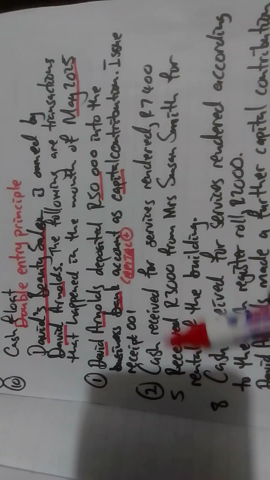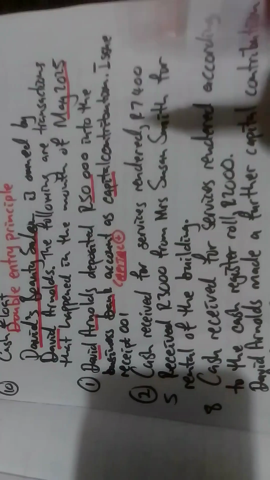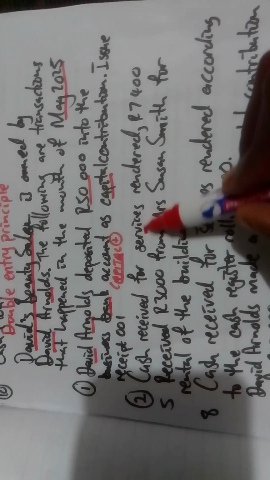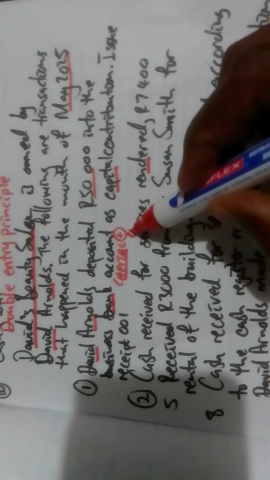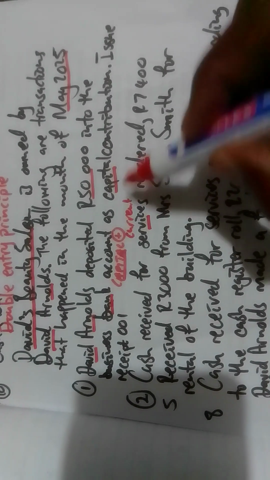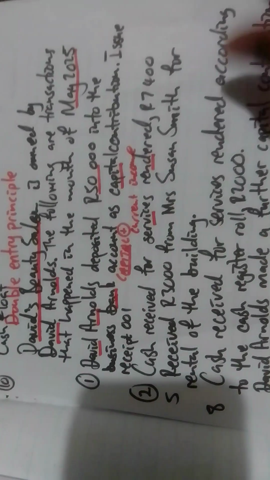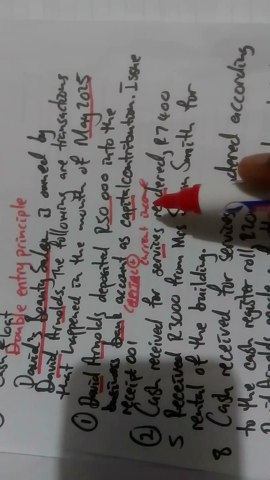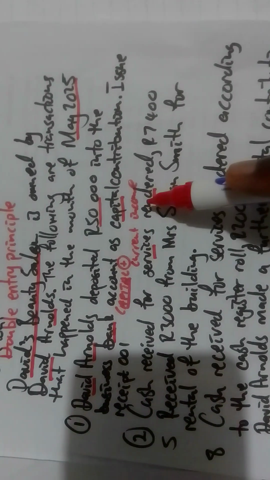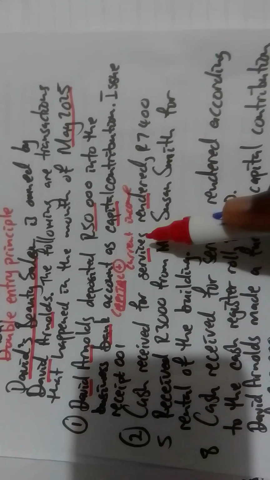We go to the second transaction. It says cash received for services rendered. What do we know about services rendered? Services rendered is what we call current income. This is money made because, remember, this is a salon, so probably they plaited hair or dyed hair or anything of that sort.